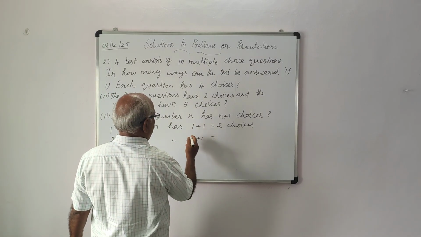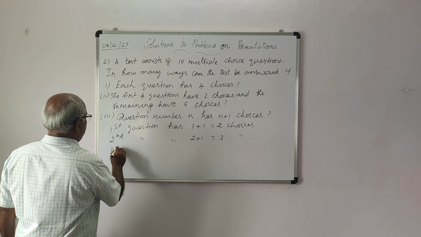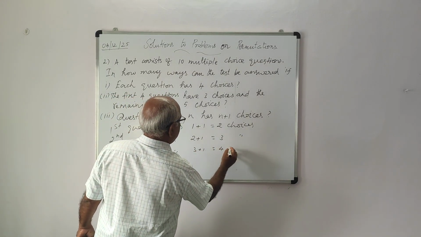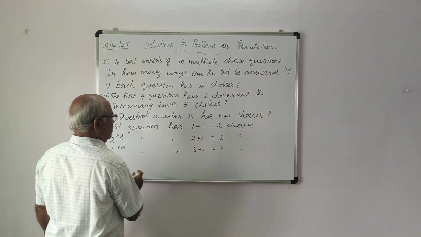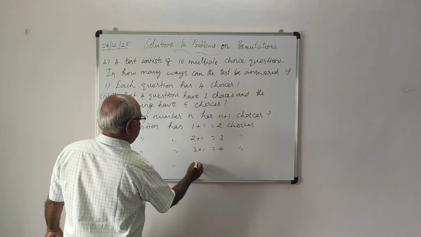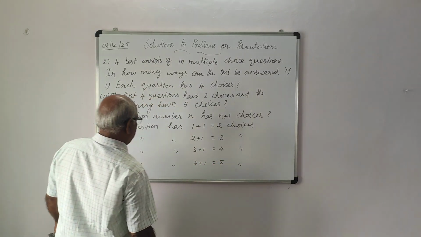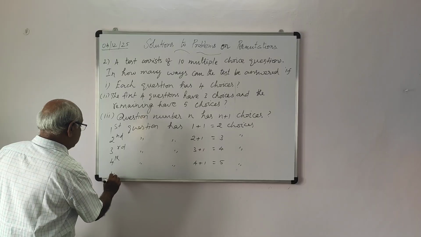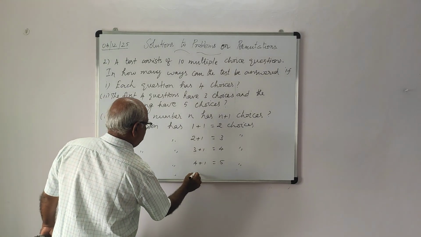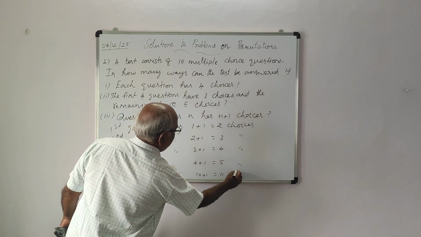The second question has 2 plus 1, 3 choices. The third question has 3 plus 1, 4 choices, because the rule is n plus 1 choices. The fourth question has 4 plus 1, that is 5 choices, and so on. The 10th question has 10 plus 1, 11 choices.